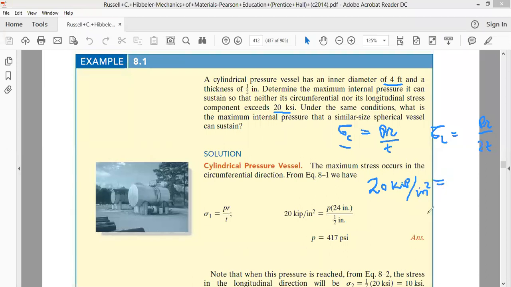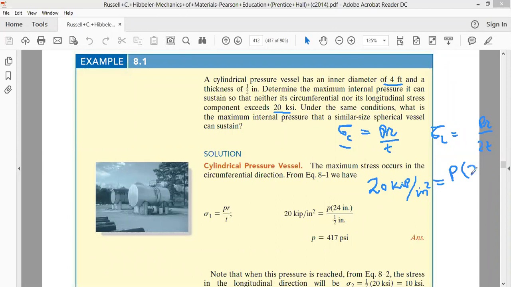So 20 ksi is equal to P, the value of which we don't know and have to find, multiplied by the radius. The diameter is given to us as 4 feet, therefore the radius will be how many feet?